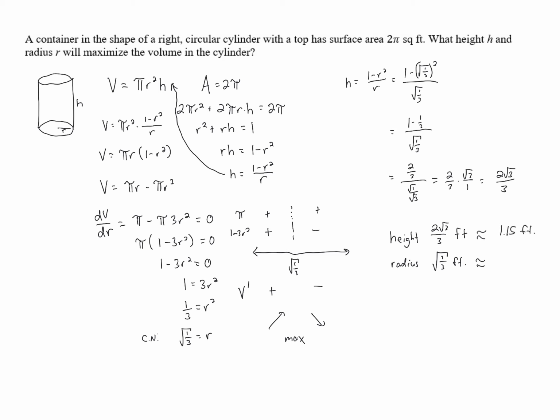And for the radius, that's going to be about 0.58 feet, which is just a little bit easier for our brains to process because we don't know off the top of our heads what 2 root 3 over 3 feet actually means. So this container would be a little bit over a foot tall, and the radius would be a little bit more than half a foot. And that maximizes the volume.